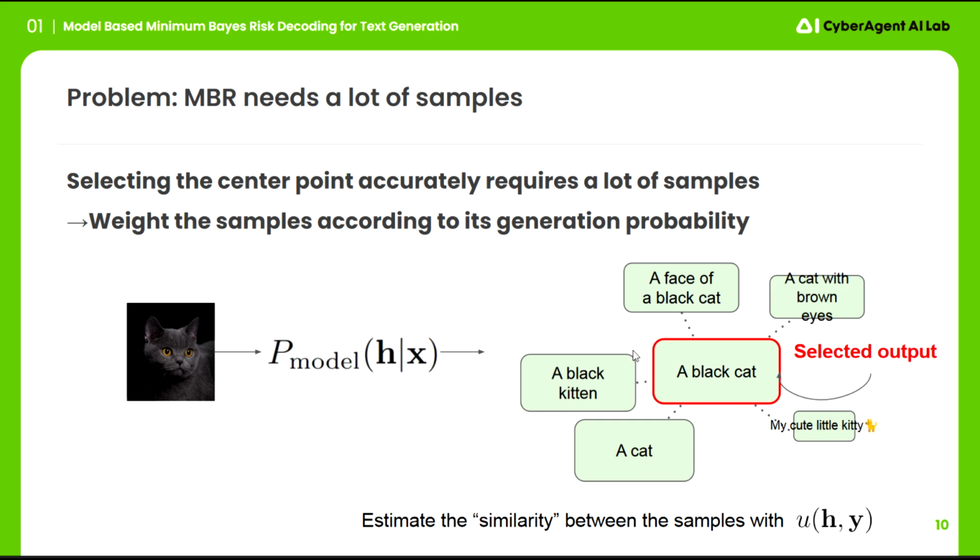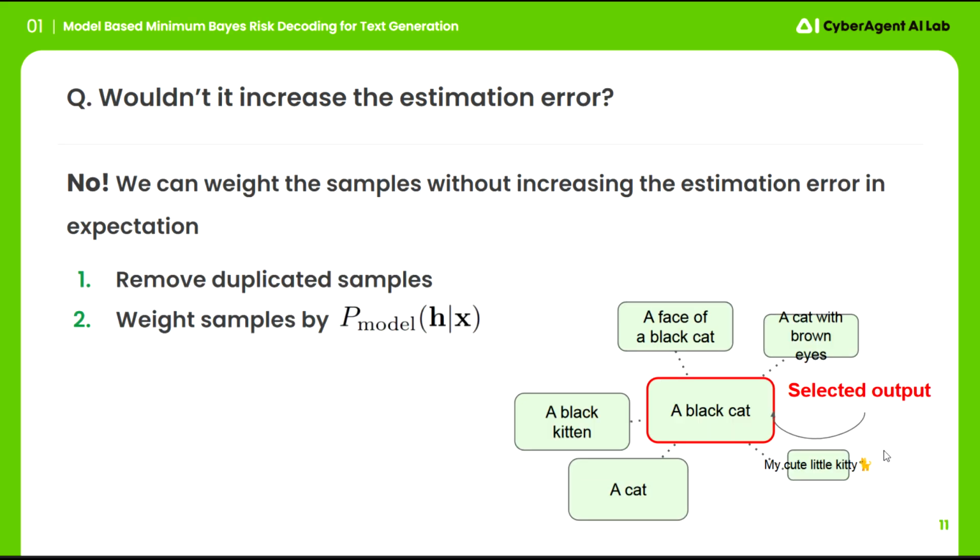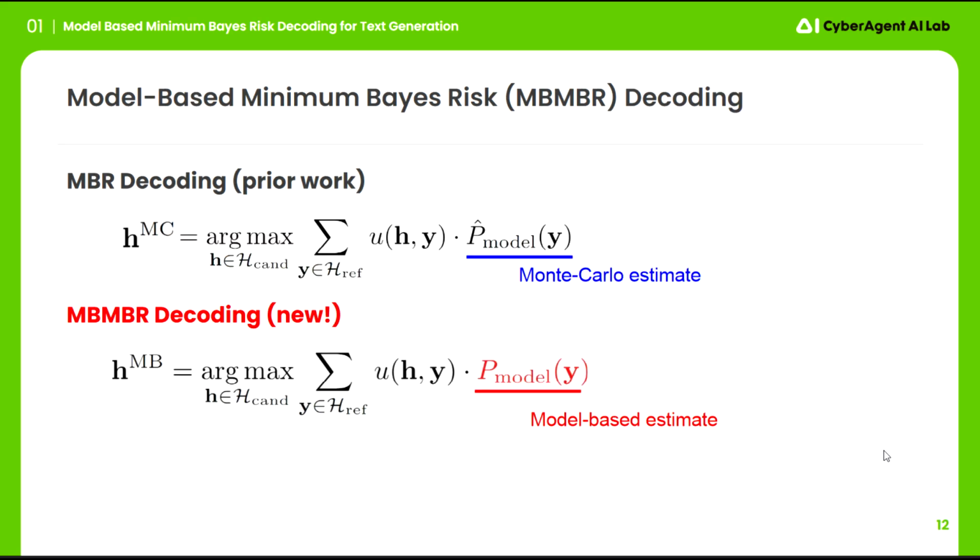That's how our method works. That sounds like a good idea, but wouldn't it increase the estimation error? That's an interesting question, but no. We find that we can weight these samples without increasing the estimation error in terms of expectation. We do this by removing duplicated samples and weighting samples using the P model.